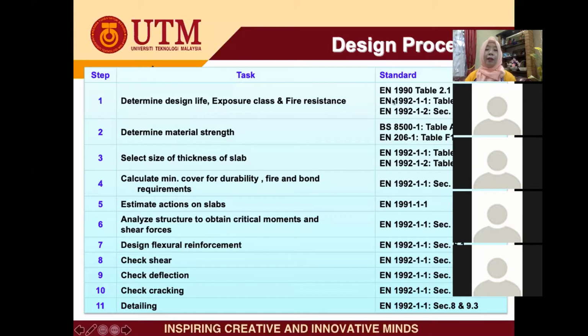So this one can be obtained from the tables listed here. And then determine material strength, select size of thickness. The thickness we can assume or we can calculate using the deflection, like the beam. And then we calculate minimum cover for durability, fire, and bond requirement, and estimate action on the slab.